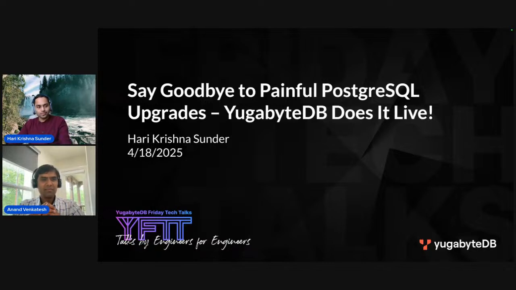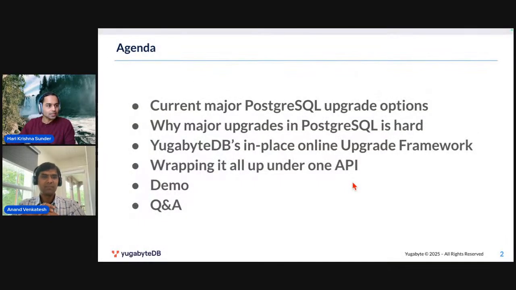We have a lot to cover and limited time, so I'll just get started with the deep dive. This is going to be a really deep dive into how Yugabyte has now in-place online major Postgres upgrades with the capability to roll back. Let's go through the agenda.